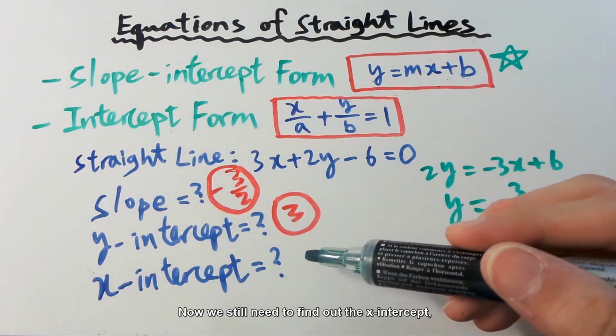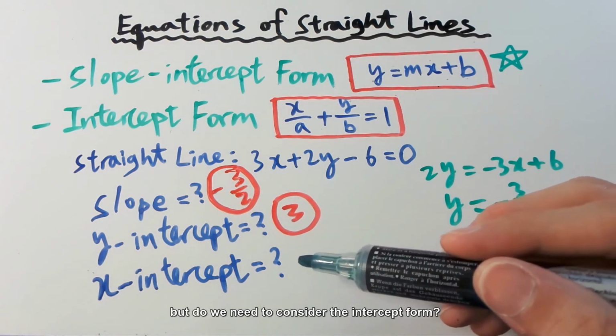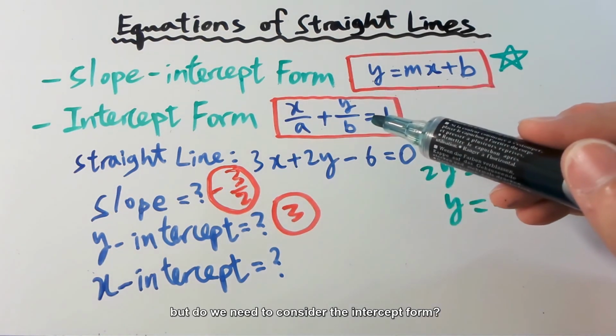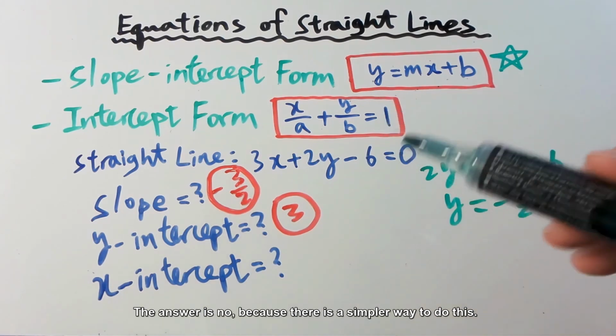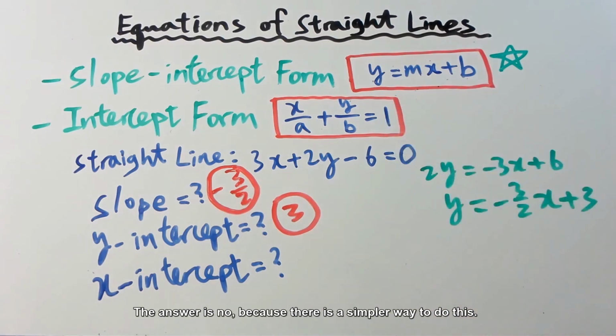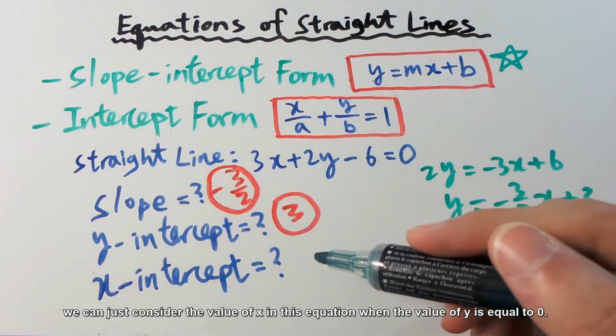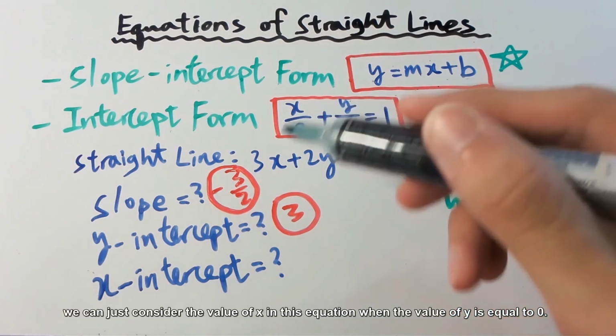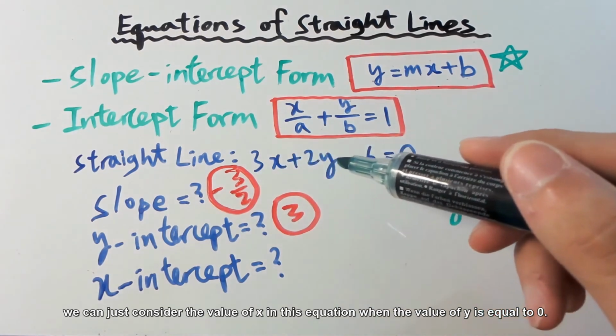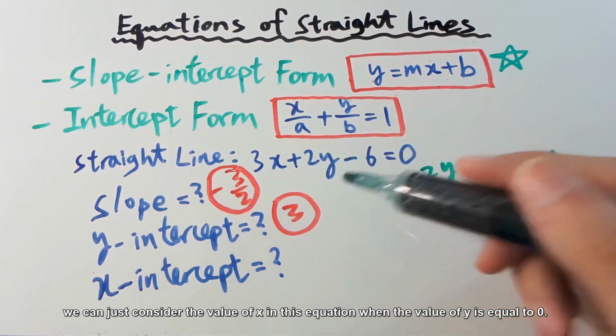Now we still need to find out the x-intercept. But do we need to consider the intercept form? The answer is no, because there is a simpler way to do this. As mentioned previously, we can just consider the value of x in this equation when the value of y is equal to 0.